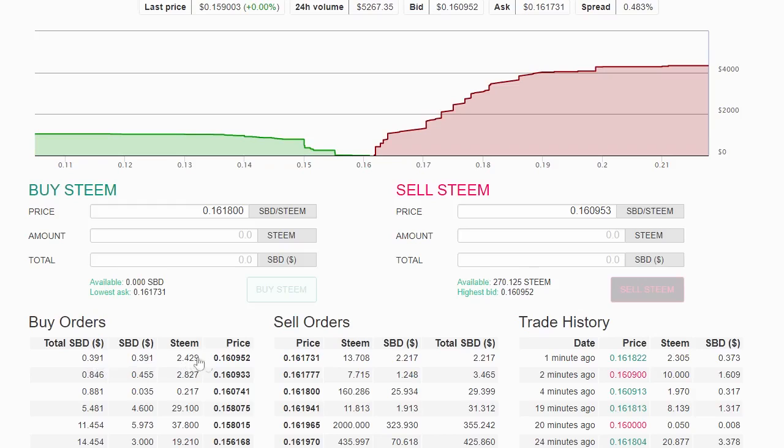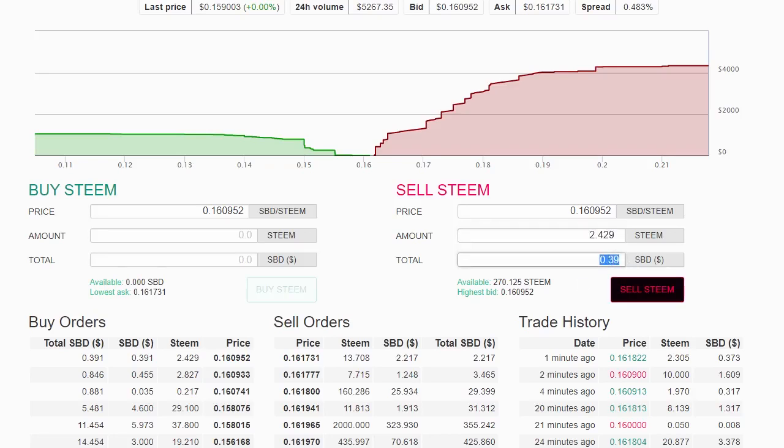So let's sell for that rate. I am selecting that rate. Yes, now it's there, and it is requesting this amount. So I'm copying it and pasting it, so I can buy this amount of Steem dollars.